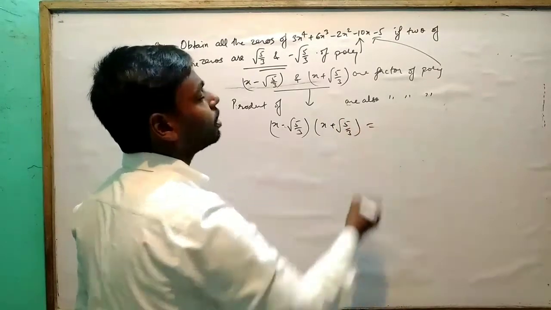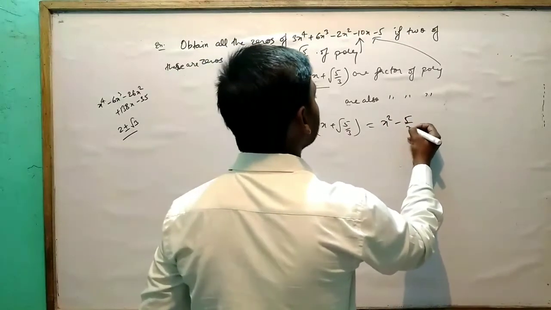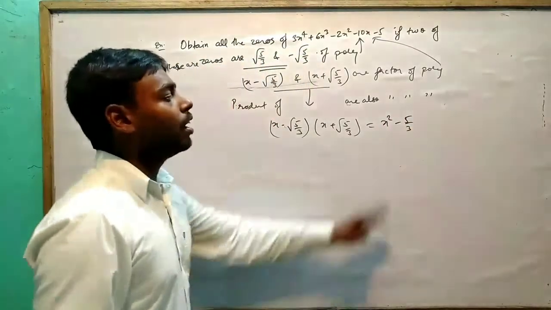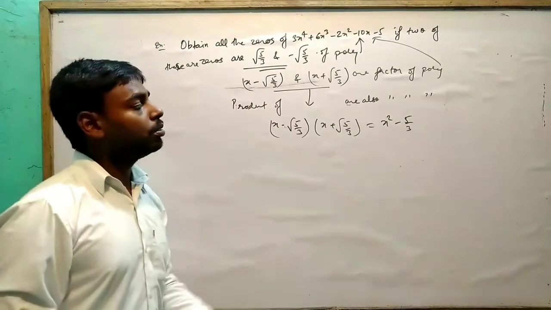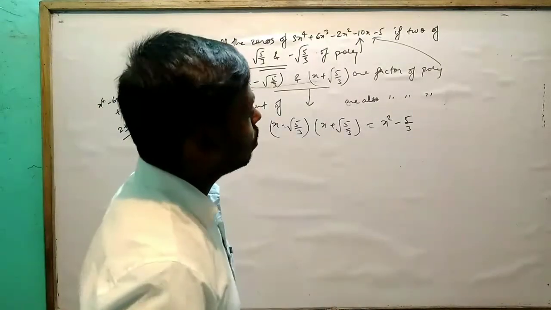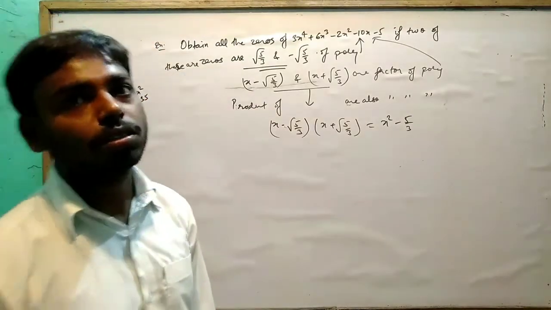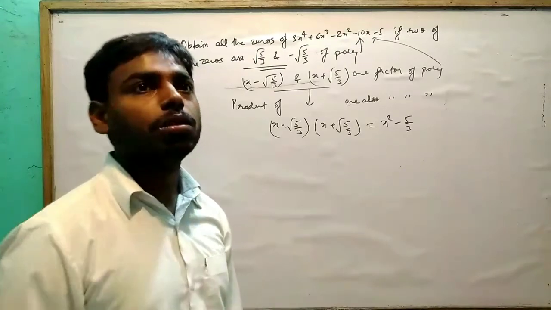This is a plus b into a minus b, and we get x square minus 5 by 3. Now we divide by this term, and the quotient is also a factor. We have to find the other two zeros, so we take the quotient equal to 0.